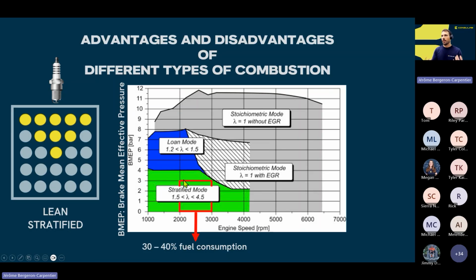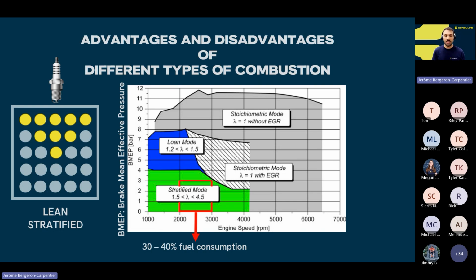So, for example, we can be at idle or close. If we look at this zone here, around 2,000 to 3,000 RPM, we can get up to a 30 to 40% gain in fuel consumption. So it's a huge gain there.